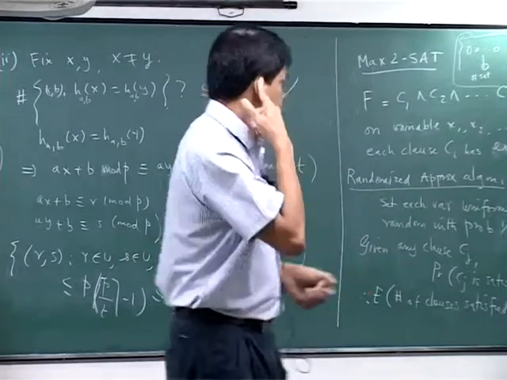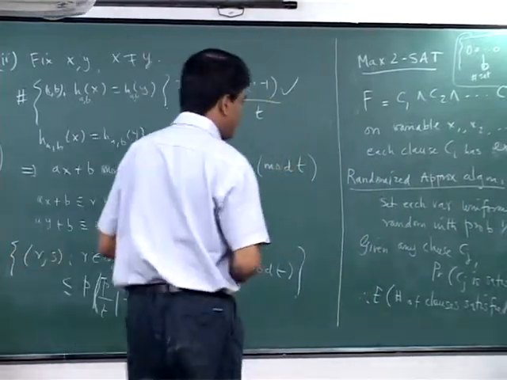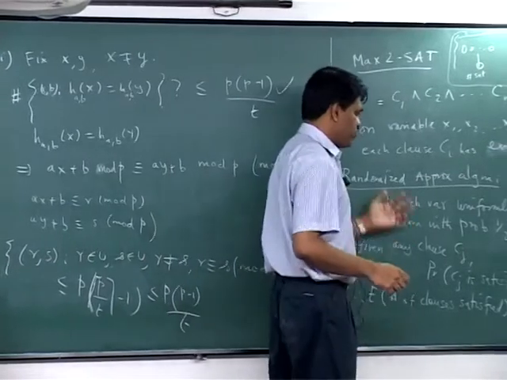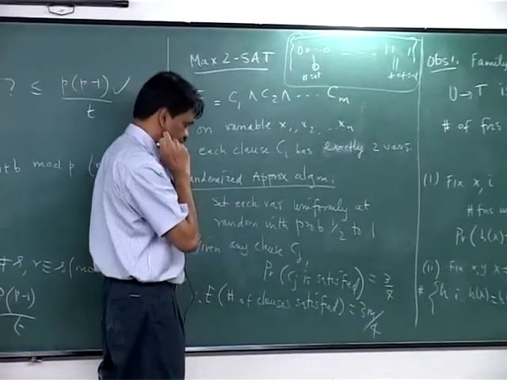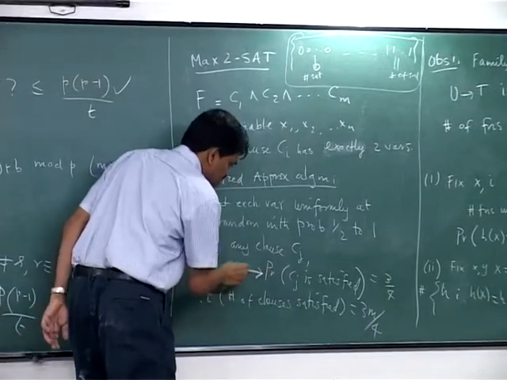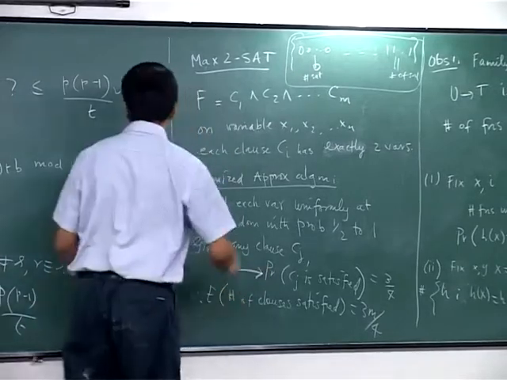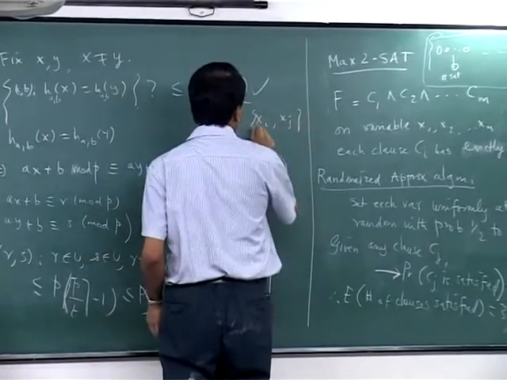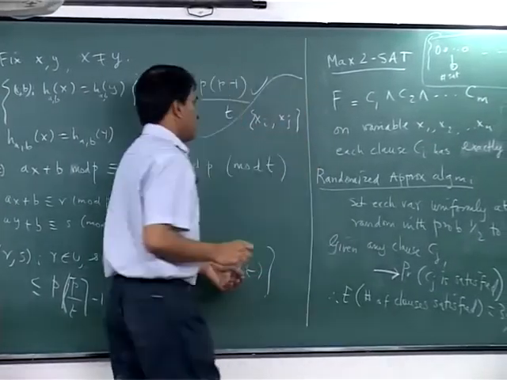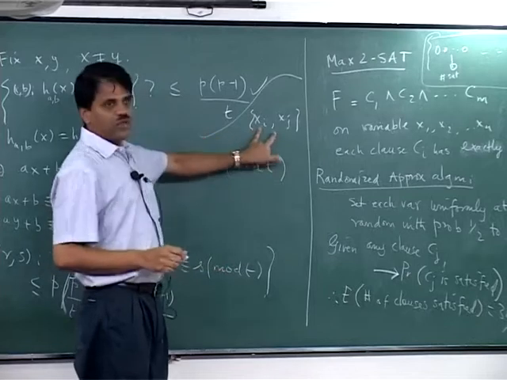Now let's again carefully look at what we used in this analysis. This is the crux of the analysis. I had two variables, xi and xj, in a clause, and I want pairwise independence here.